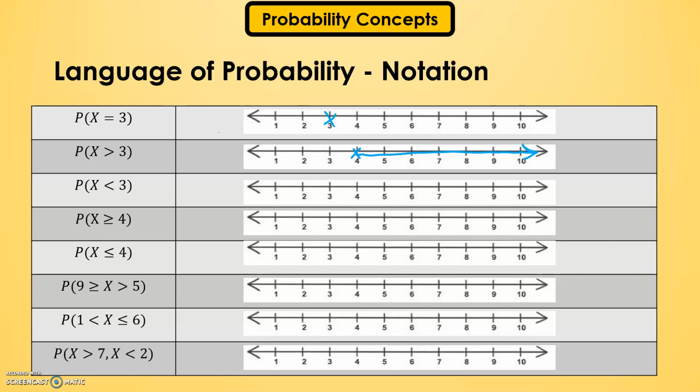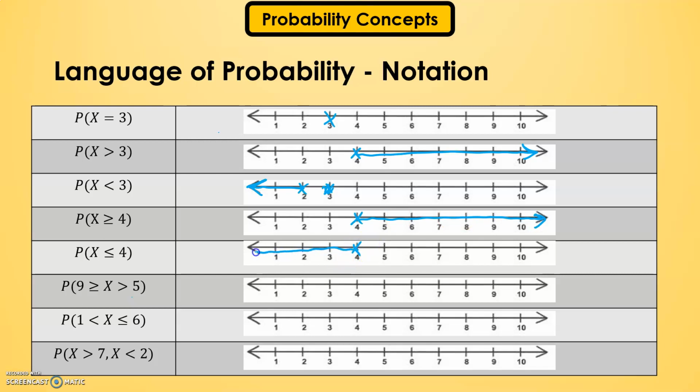Then we have x being less than 3, so it's 2 going down. The next one, x is greater than or equal to 4. So that's where we can actually include the 4 going that way.